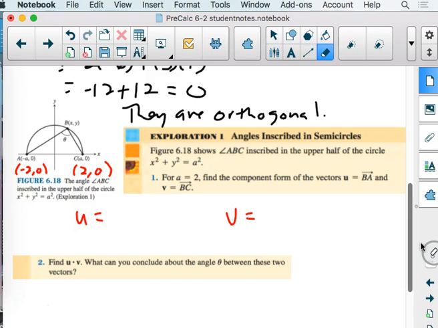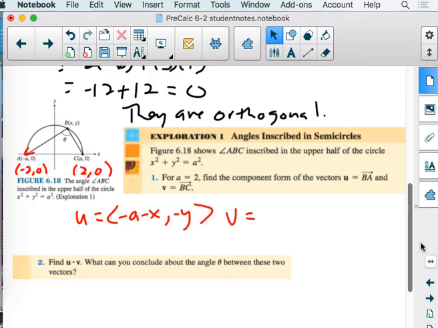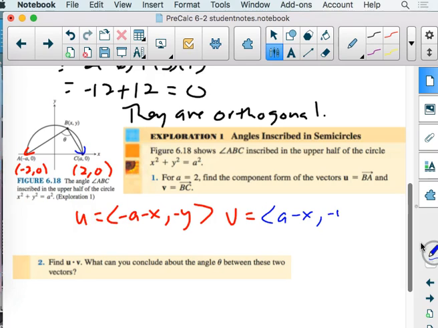I had to turn around backwards. They're going this way. There, I put an arrow on there. That'll help. Negative A minus x. And 0 minus y is negative y. And then the other one is BC, so that one will be a minus x, and 0 minus y.